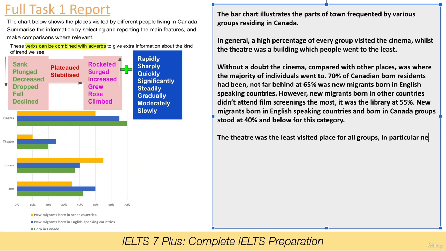In particular, new migrants born in other countries, and then I like a bracket. Sometimes we can do 10%. Okay, lovely.